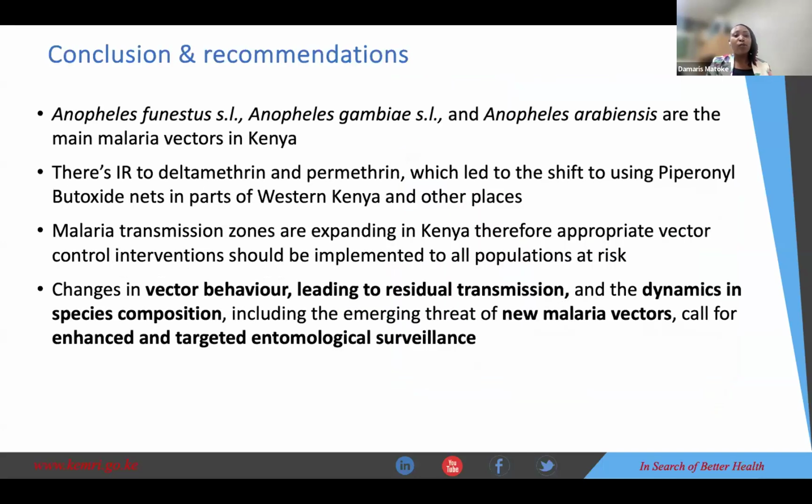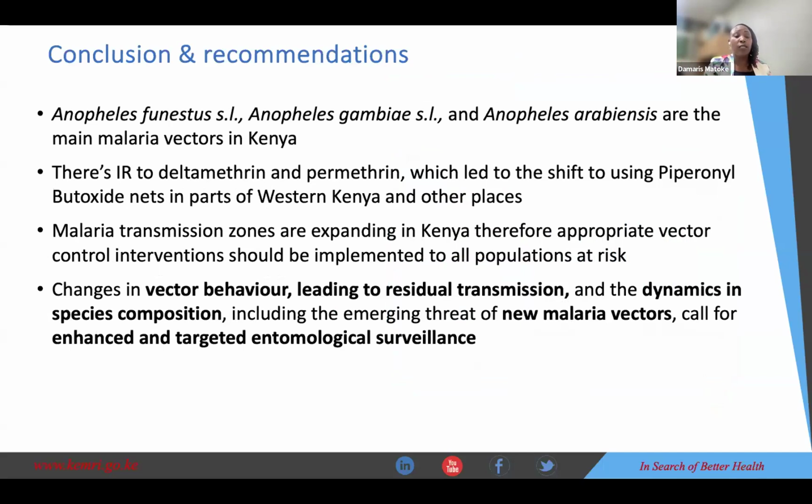So to summarize my talk, I'd like to indicate that for Kenya, based on the current surveillance we're doing, we are seeing that Anopheles gambiae SL and Anopheles arabiensis are still the leading main vectors for malaria in the country, despite the reports of Anopheles stephensi and coluzzii, other vectors which we have not yet pinned down as far as active transmission is concerned.